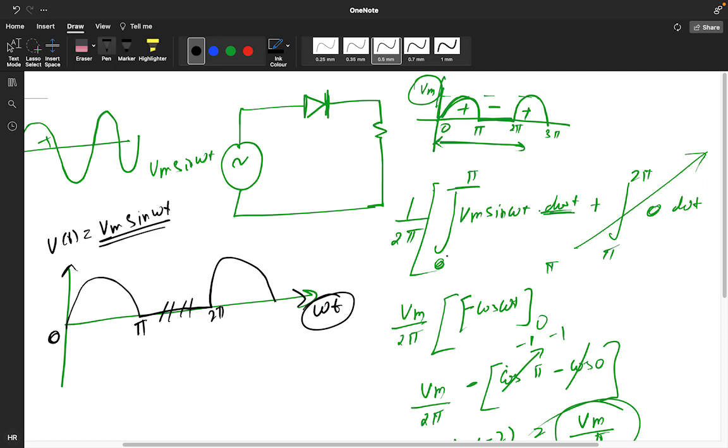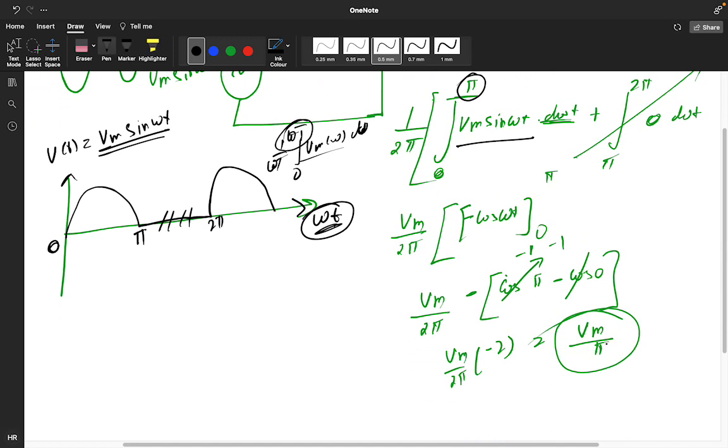For the average, we use the same formula: 1 by T into integral 0 to T of Vm sin omega t dt. But I have taken it with respect to omega t, so I multiply by omega here and divide by omega there, which is why we take it in terms of pi. While solving, minus cos omega t, on substituting we get Vm by pi.